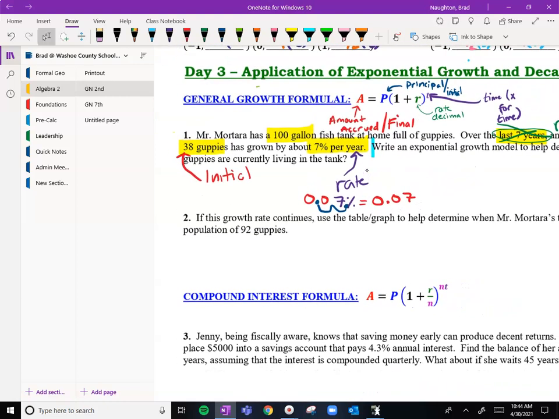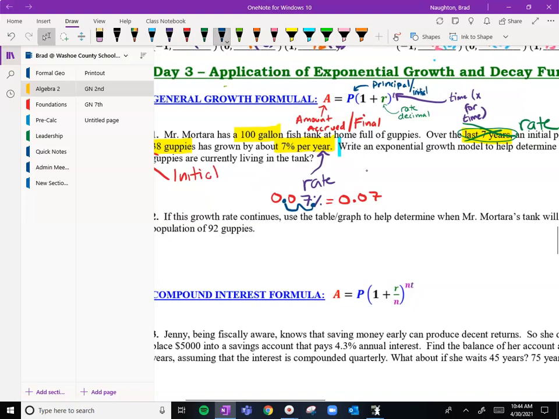Alrighty, so we want to write our model. Let's start it off with A is equal to P times 1 plus r to the t. We don't know what we're looking for yet, so I'm going to keep it as A. My initial, we said that was 38 guppies, so I'm going to put the 38 right there.